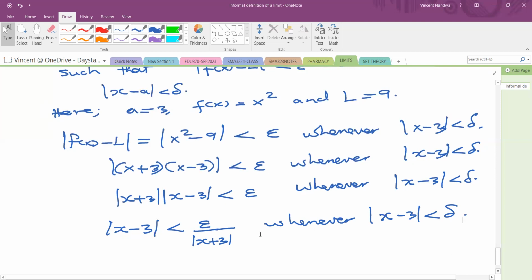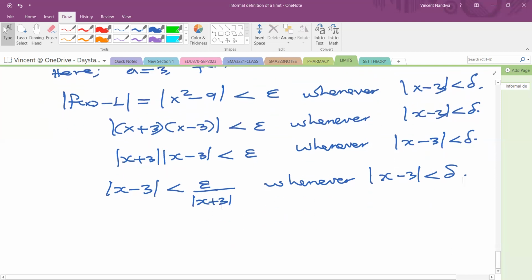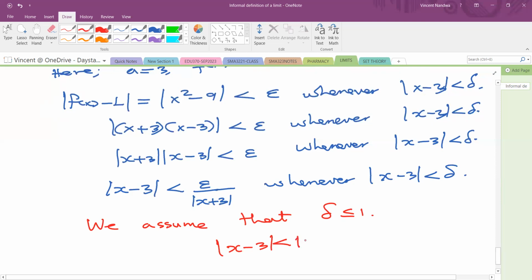Now, at this point, you see we are dividing by absolute of x plus 3. So we are going to make an assumption on delta to help us find the number absolute of x plus 3. So we assume that delta is less than or equal to 1. So which means from this one now, we have absolute of x minus 3. Because I'm fixing delta to be 1, I can say it's less than 1.